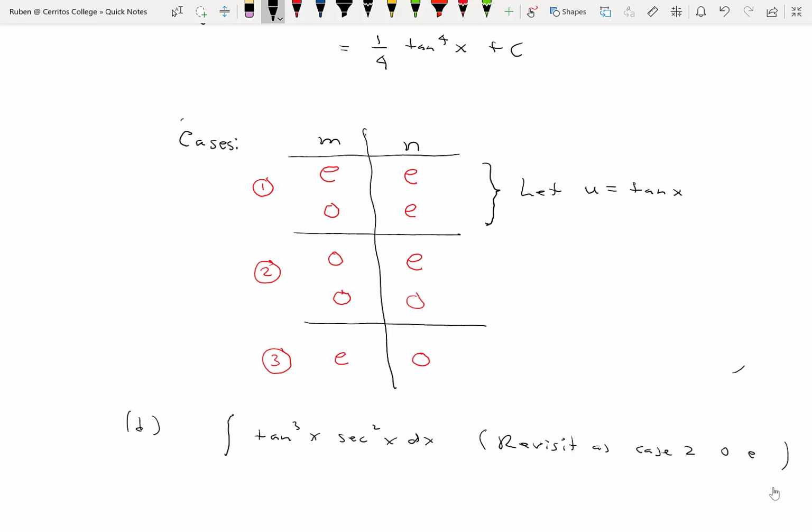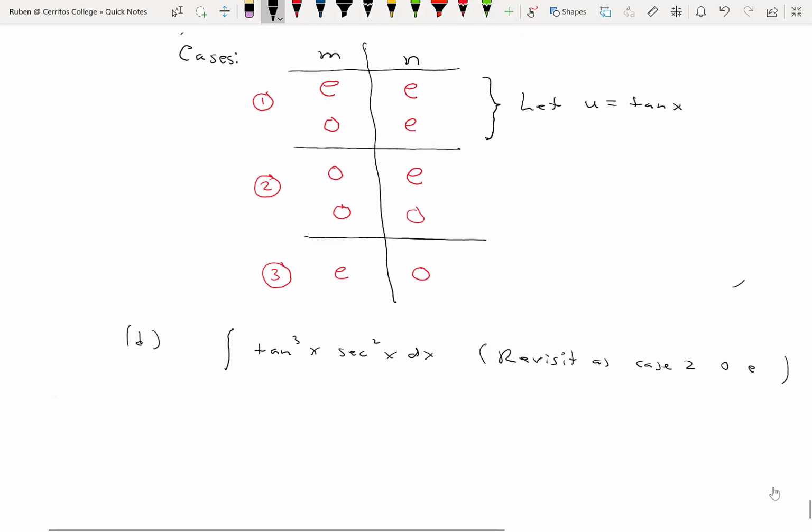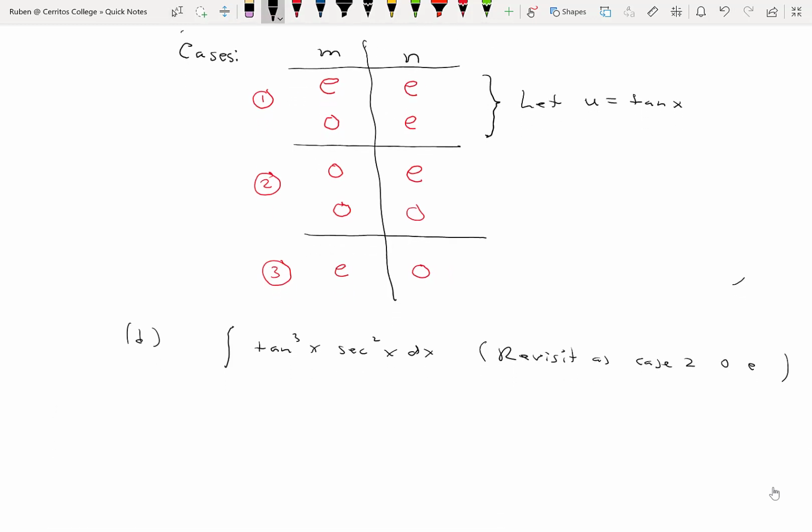Okay, case 1 says I could let u equal tangent, and du equals secant squared. It's a real simple integral. Now for considering this as a case 2, I want to do something different. I want to take the odd power. In case 2, both sub cases have m is odd, and in both cases, what you do to handle this as a case 2 is you borrow 1 from that odd power, so you have tangent squared.